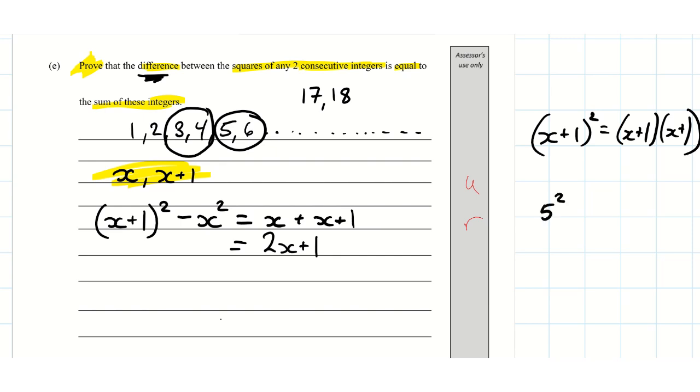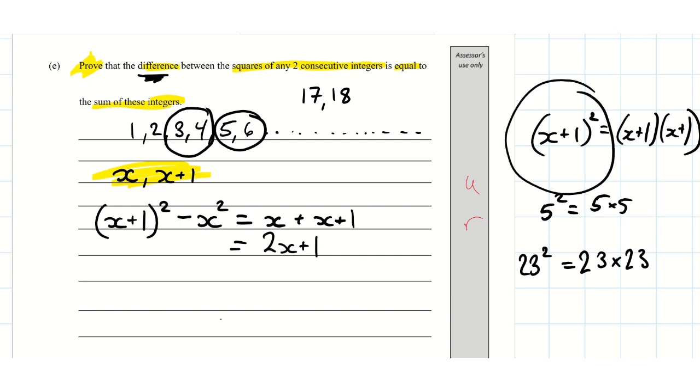If I have 5 squared, that's the same as 5 times 5. And if I have 23 squared, that is the same as 23 times 23. And if I have x plus 1 squared, that is the same as x plus 1 times x plus 1. Yeah?